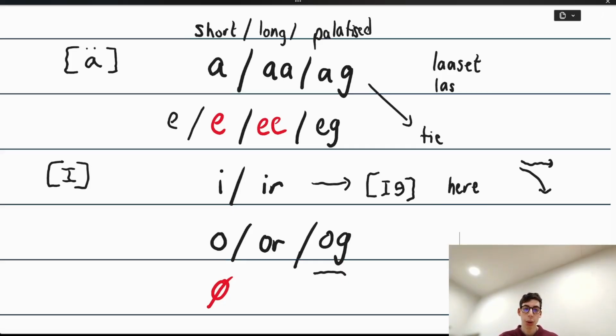Moving on to the letter O. The letter O, kind of continuing our streak of like it's not what you think it is. It's not the O in pot. It's the O in port. And if you know IPA, that's our backwards letter C, right? Or.